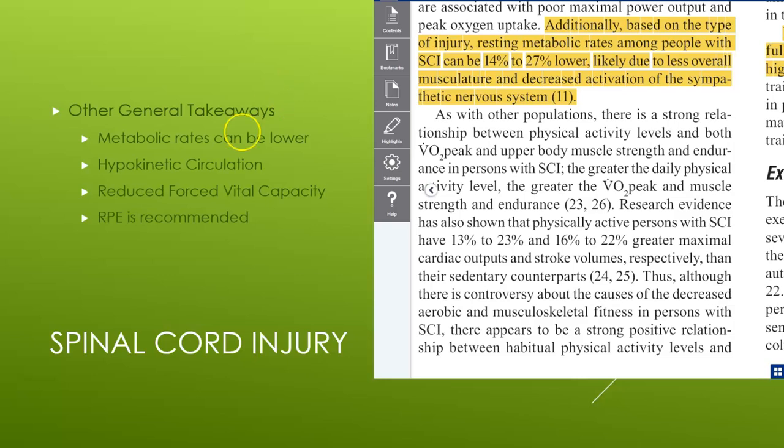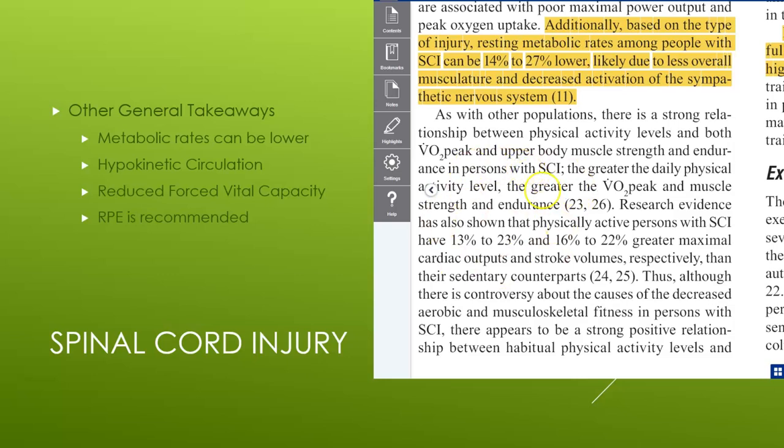They note here that with spinal cord injury populations, as with other populations, there's a strong relationship between physical activity levels and both VO2 peak and upper body muscle strength and endurance. So the idea that a person is injured, they can't do anything, they're just going to sit around.